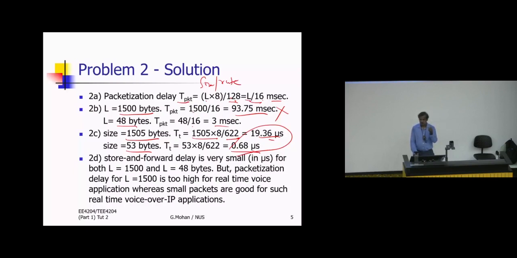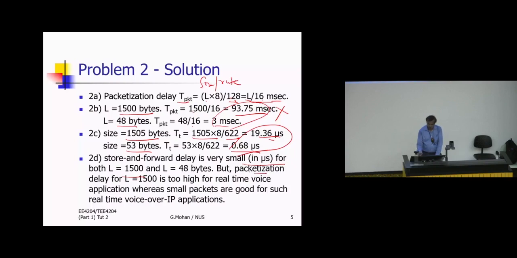Our concern is more on the packetization time, where the difference is much higher. So what we argue is this: store and forward delay is small for both cases, the 1500-byte Ethernet packet or Ethernet frame, and the 53-byte ATM cell.